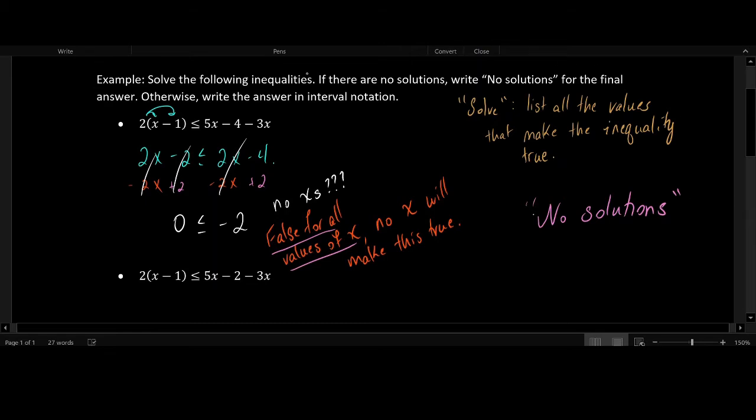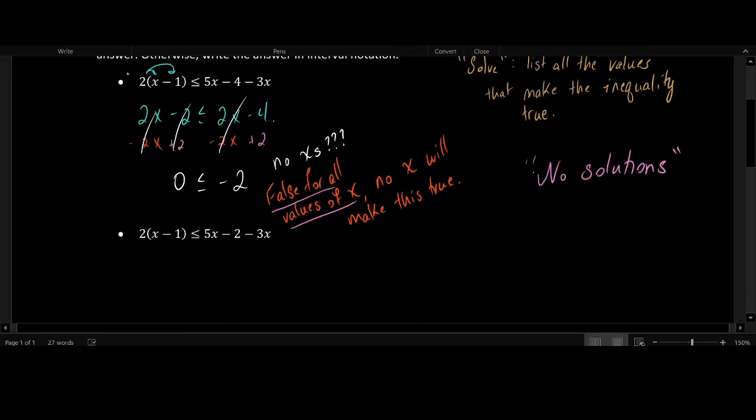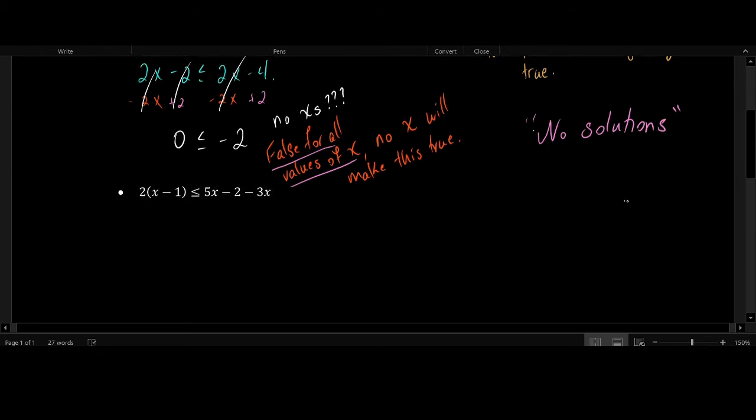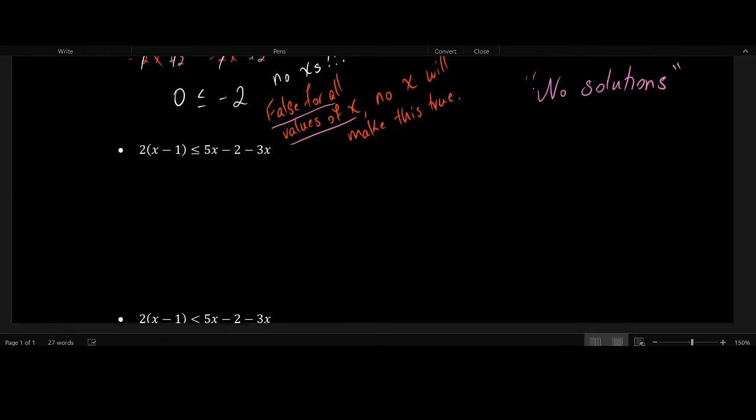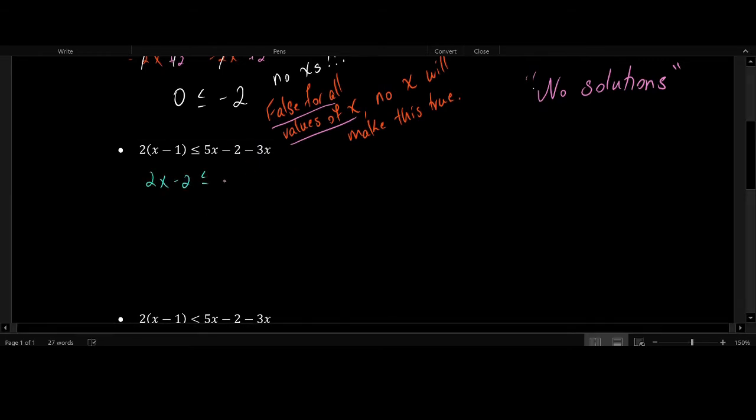Now, let's try it again with a very similar inequality, except I've made a very small change. Instead of having a negative 4 on the right side, I have a negative 2. So let's distribute: 2x minus 2. Let's combine like terms: 2x minus 2.